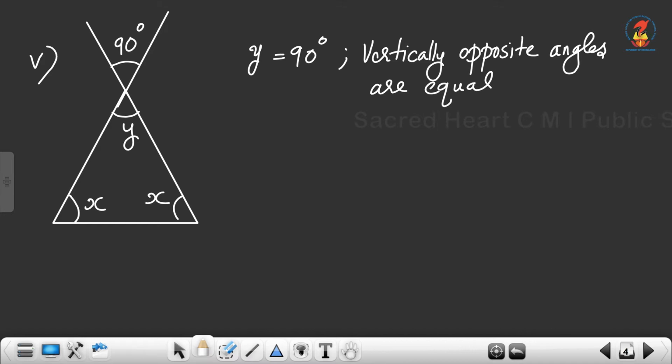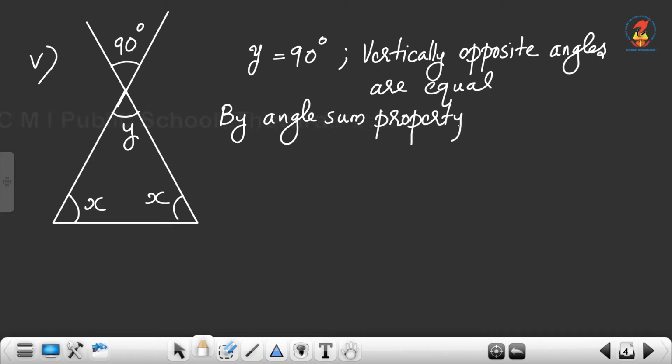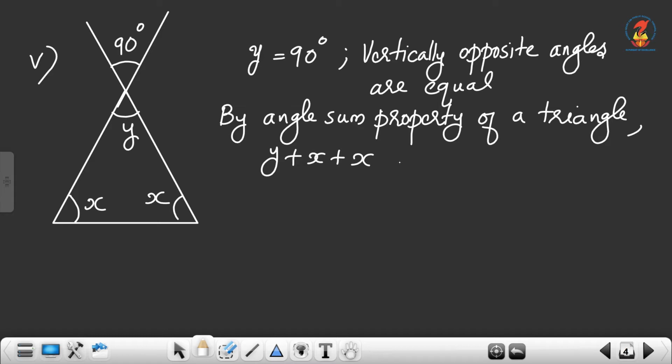Now using the angle sum property, we can find out the value of x also. By angle sum property of a triangle, y plus x plus x is equal to 180 degree.